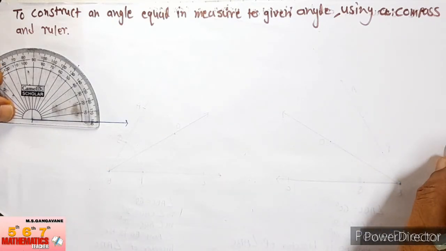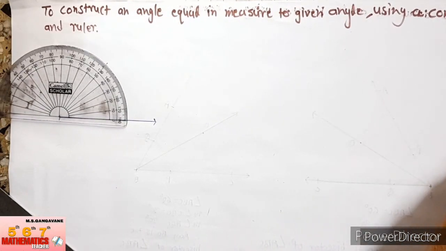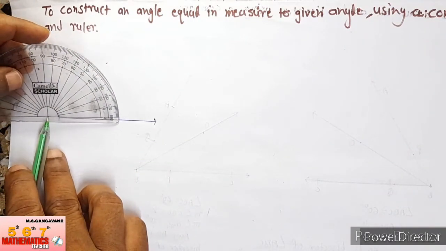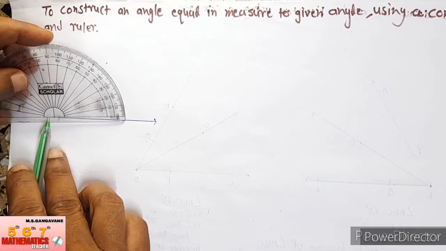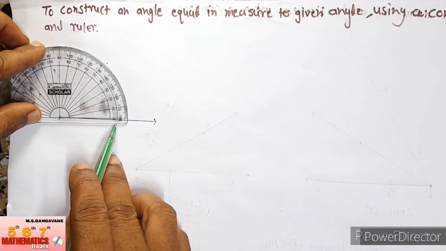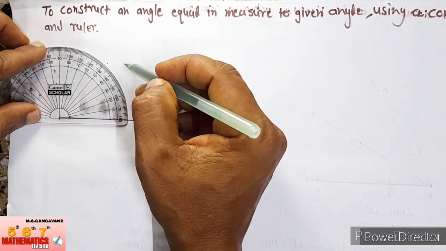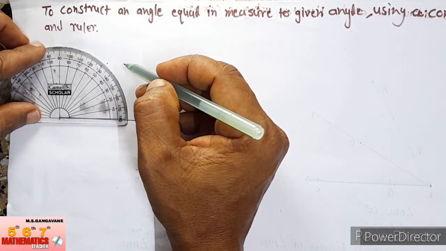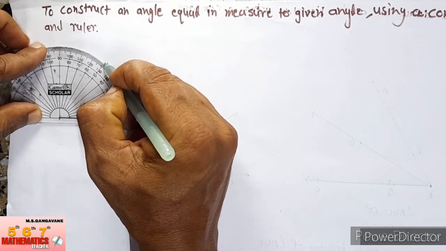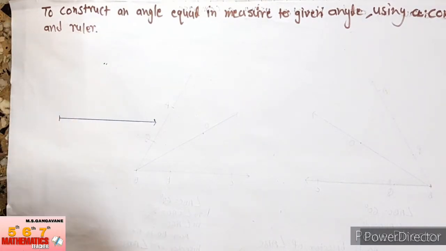Now the revision of given parts. Look, draw the ray, the midpoint, the center point of protractor, join with vertex, the baseline to the given ray. Now accurate, make the mark 50 degree at the point of 50 degree.